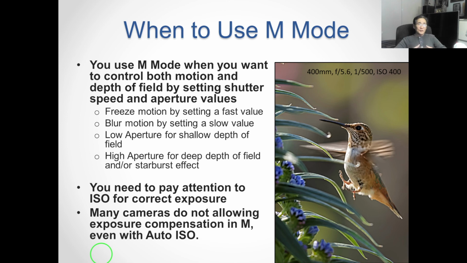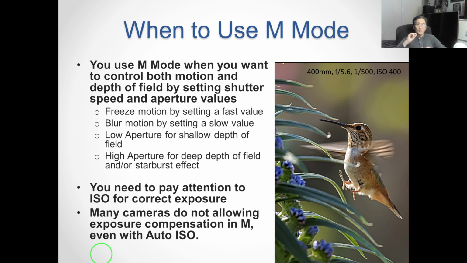There's a little catch using the M mode with auto ISO, which is that not all cameras will allow you to do exposure compensation in M mode. Okay, so when you're using auto ISO, again, you lose the control of the exposure. You have control of the aperture and the shutter speed, but you don't have control of the exposure because of ISO.